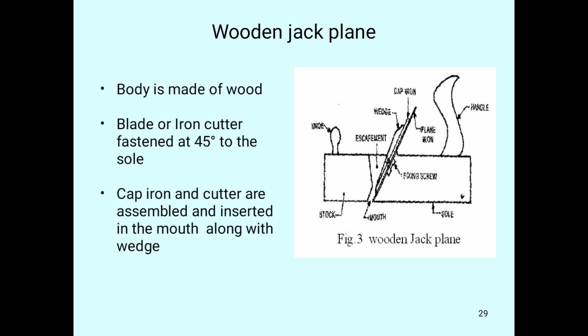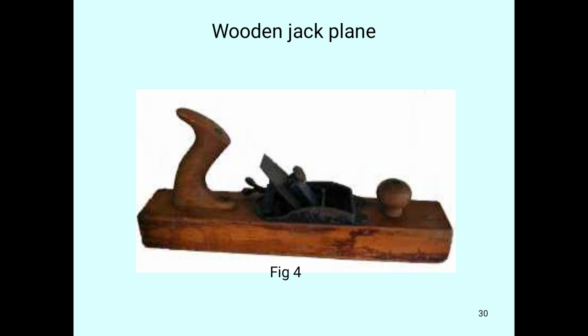Next, the cap iron and cutter, that is the blade, are assembled and inserted in the mouth. This mouth is located at the top of the sole. These two are inserted in the mouth along with the wedge. Next you can see the actual diagram of a wooden jack plane.